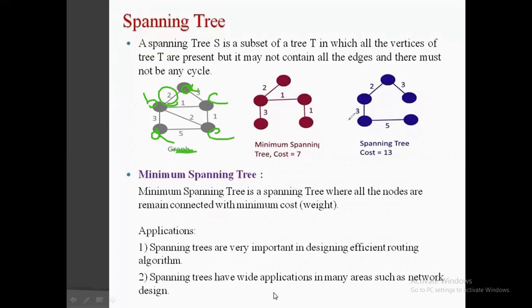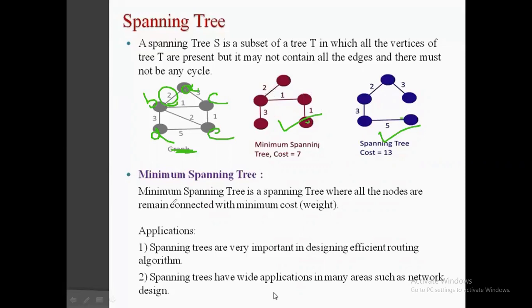This is one of the spanning trees and this is another spanning tree. All the nodes must be connected and also must not contain a loop. We have visited all the vertices, but without forming a loop.